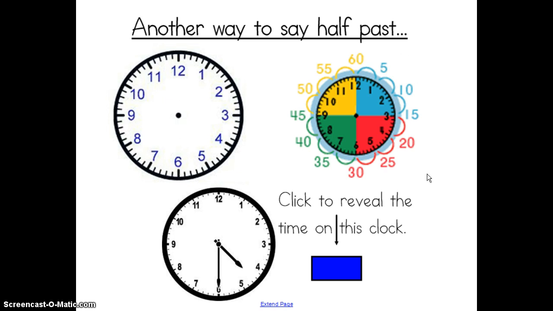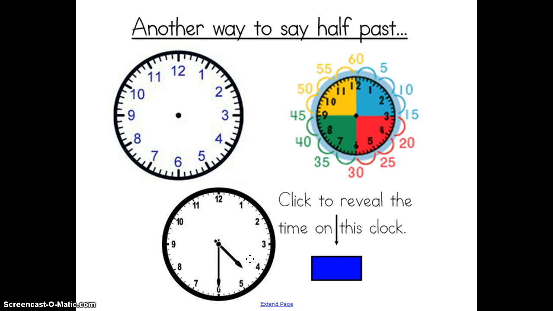And this clock over here shows you how we start at 12, and if I count the ticks, I get 5, count some more, 10, and all the way to the 6, I would say 30. Look at this clock at the bottom. The hour hand is half past the 4. So when it was 4 o'clock, it was on the 4.